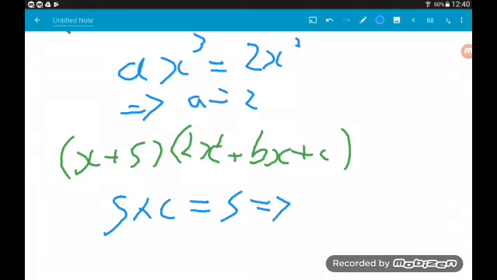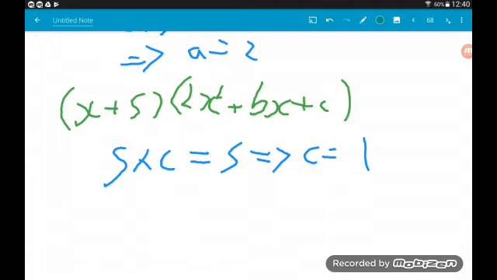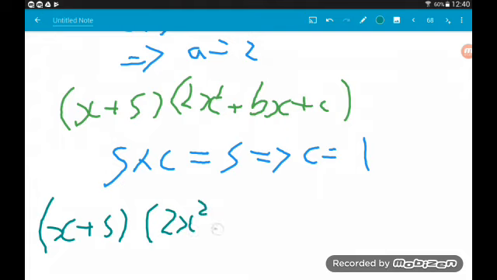Therefore, c is equal to 1. So, we can now write it as x plus 5 times 2x squared plus bx plus 1. Now you don't have to keep writing this out like I am here. I'm just doing it so you've got it nice step by step, hopefully nice and clear to follow.